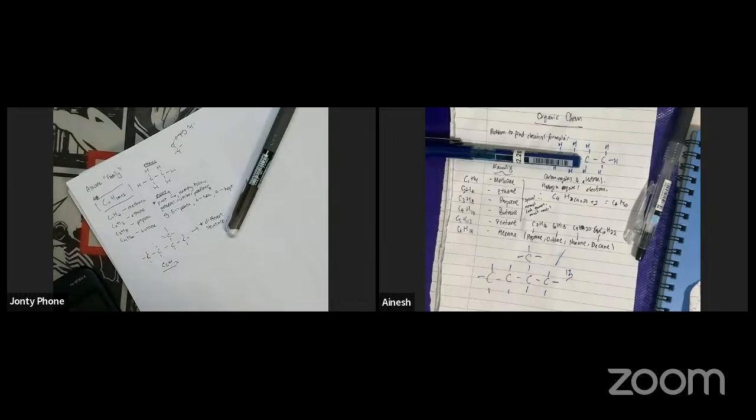Address number 2, and then I will call the side guy methyl, right? 1C, methyl butane. Methyl is 1C, butane is 4C, total still 5C.